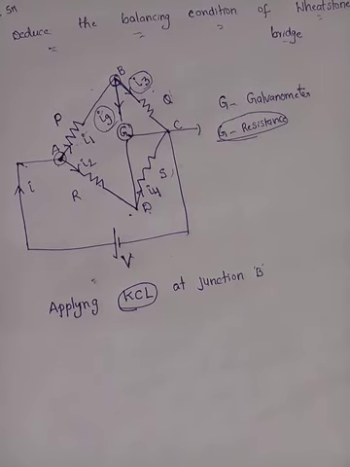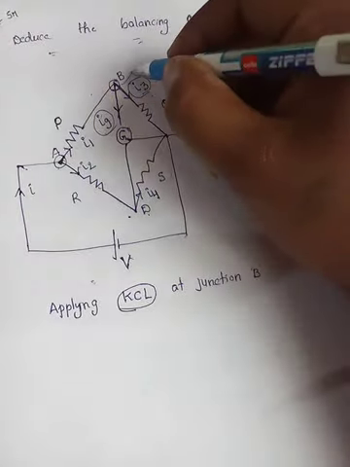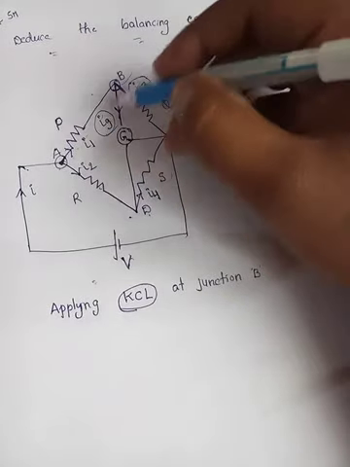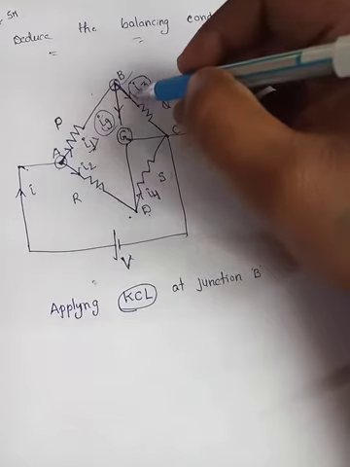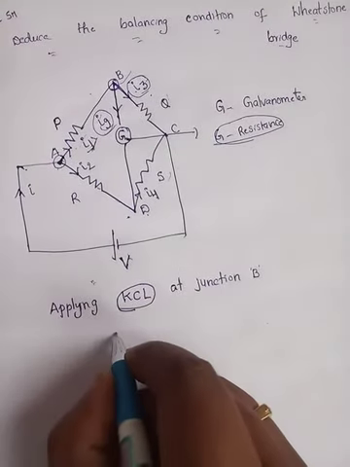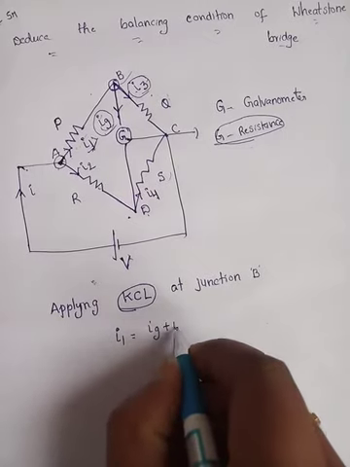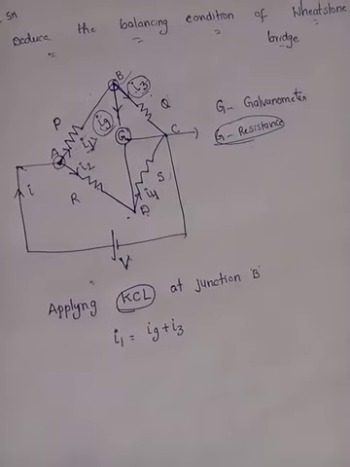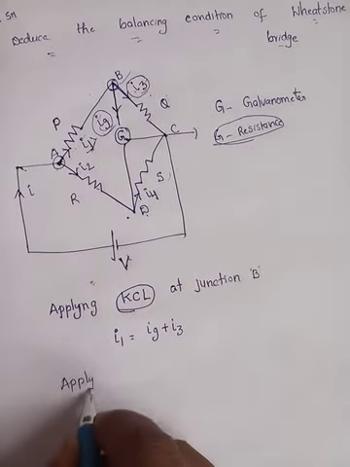The algebraic sum of all the currents moving toward the junction is equal to the sum of currents moving away from the junction. See at B clearly. The current coming towards the junction is only I1. The currents moving away are Ig and I3. So I1 equals Ig plus I3.